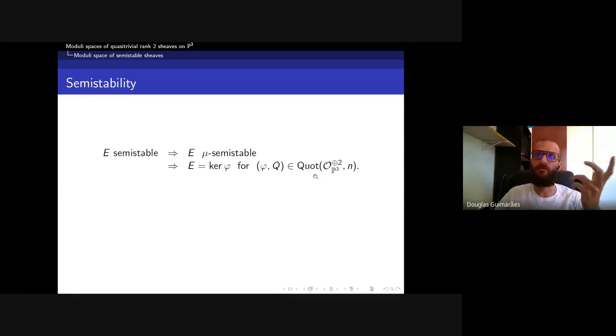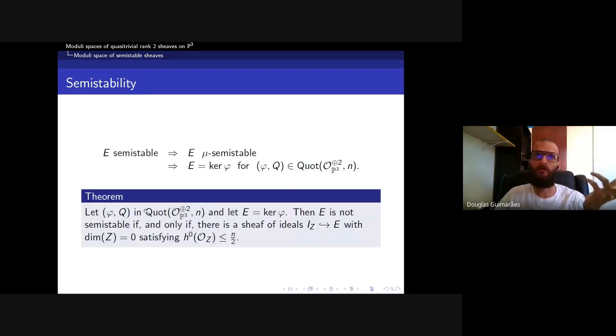So now we can ask ourselves if the converse is true. For every point in the Quot-scheme, is the kernel semi-stable, like we did with mu-stability? This is not true in general, but we have a theorem that states a criterion for when a kernel of a point in the Quot-scheme is semi-stable or not.